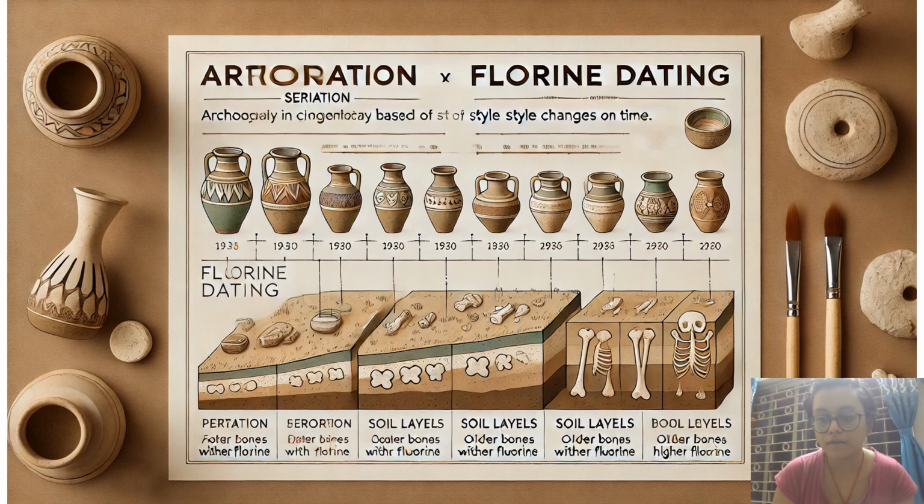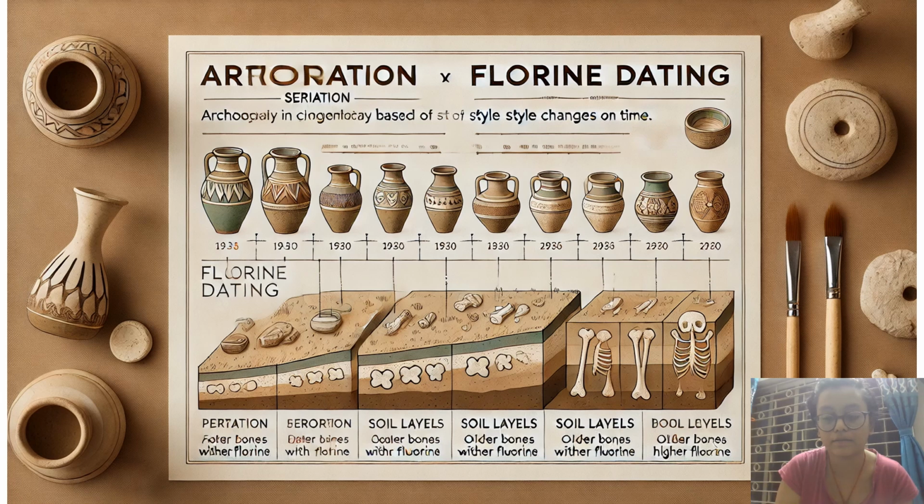There are some videos that I have made earlier on dating in archaeology and the types of dating, which is absolute dating. The absolute dating part comes under radiocarbon dating, dendrochronology, and thermoluminescence.